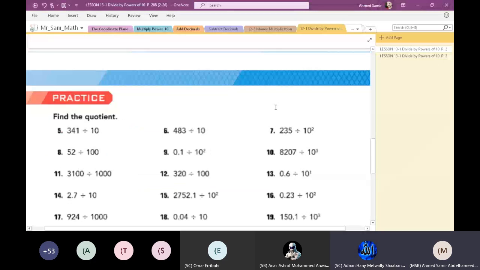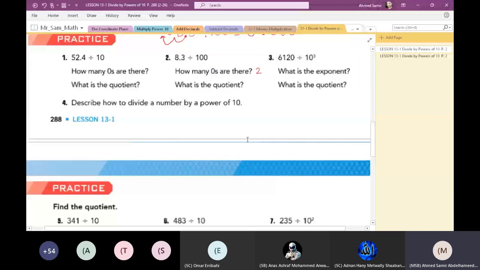All right. So let's see here number 4. Describe how to divide a number by a power of 10. In order to divide, we move the decimal point to the left. Mister, there is no number 4. There is 1, 2, 3, and then 5 right away?